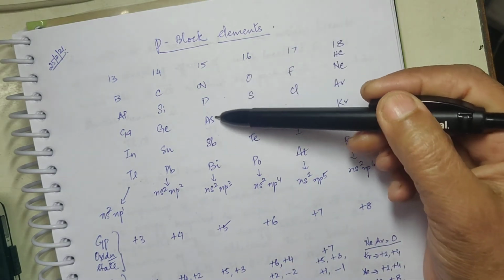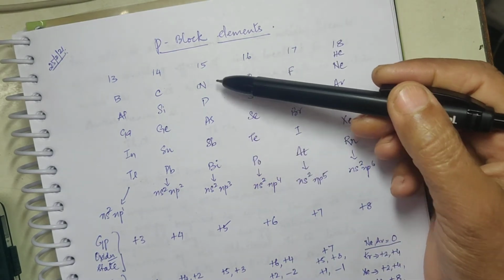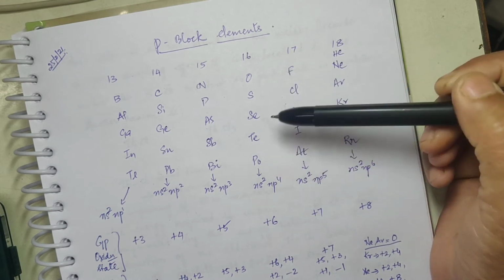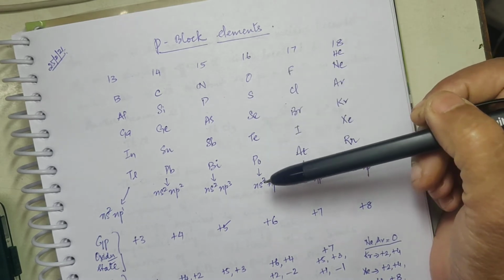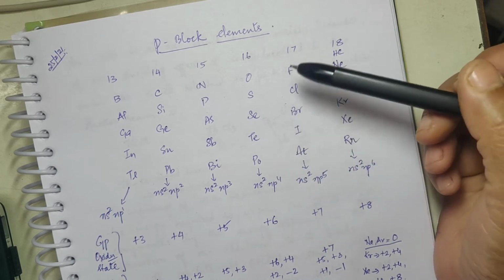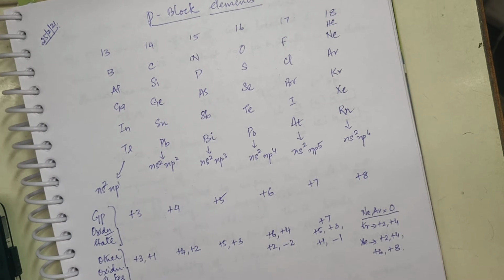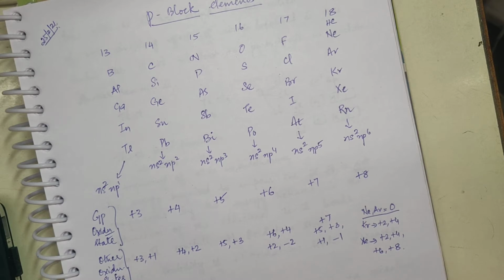Same way here, funny ways of naming things are there. Us, se, ti, po. There are so many ways by which you can remember things. So these are all important. If you remember the position, then it's easy for you to write anything, to understand anything.